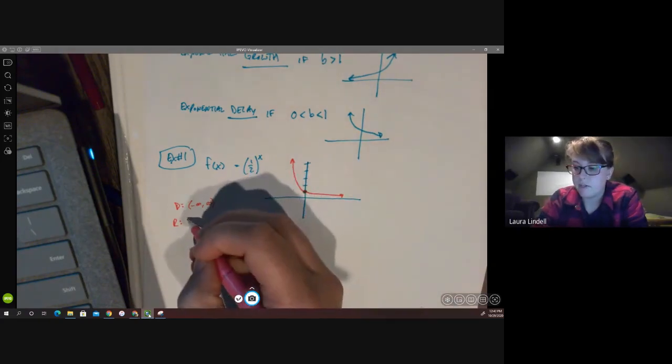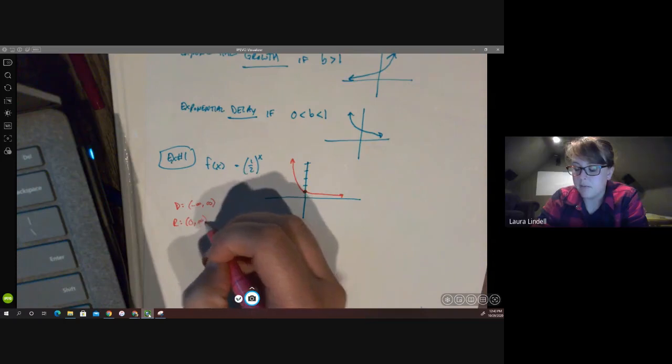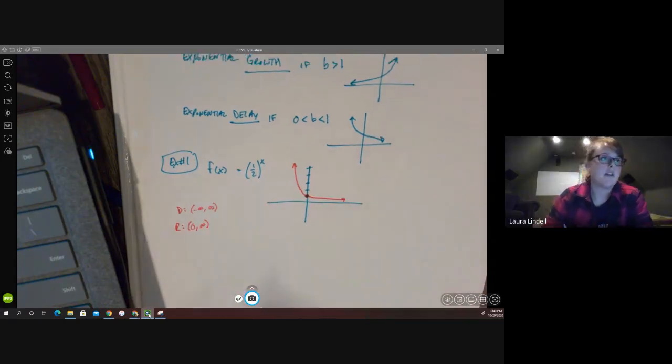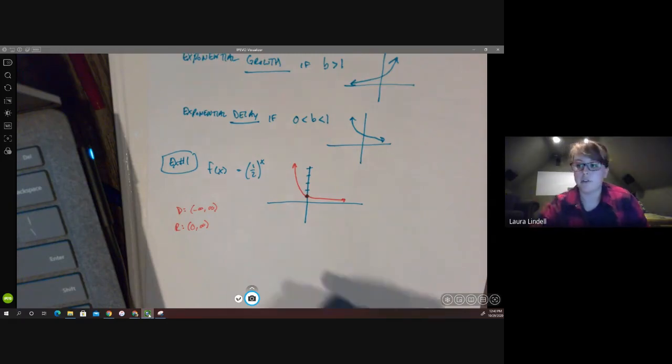So the range is going to be from 0 to positive infinity since it's above the axis. That's where, if you see something like this being shifted up or down, the range changes. If it's shifted up, then your range is more limited. If it's shifted down, then your range is expanded a little bit.